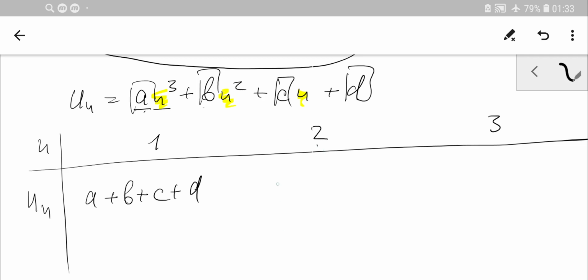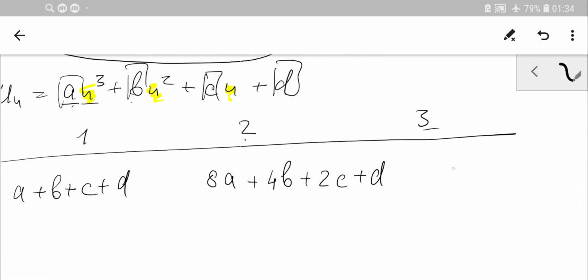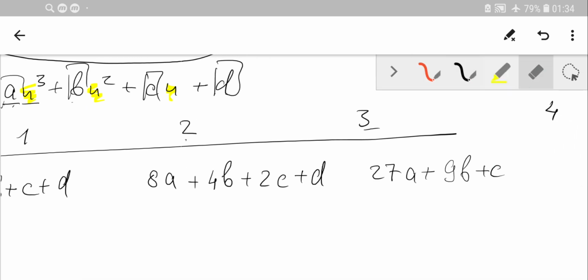Let's plug in 2. So we'll get 8a plus 4b plus 2c plus d. When we plug 3 here, we'll get the following: 27a plus 9b plus 3c plus d. Yes, you see, it's more difficult in terms of pretty large expressions.